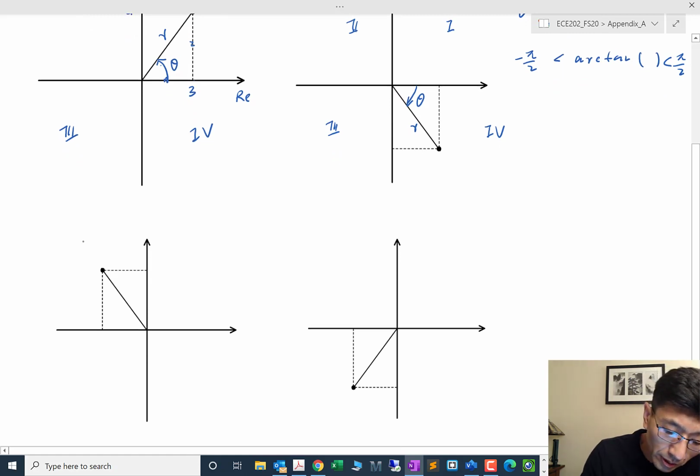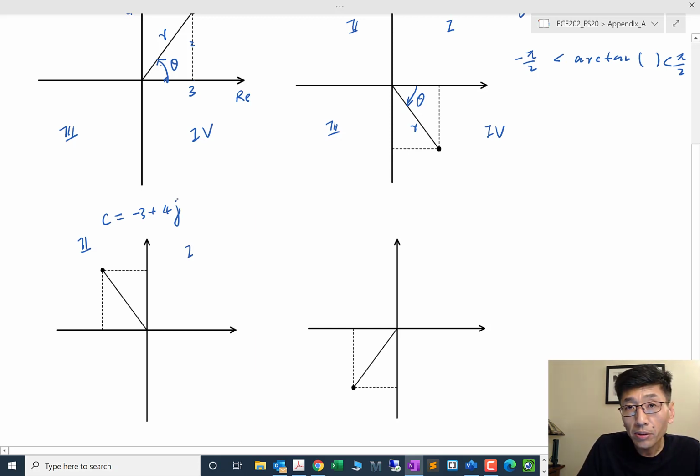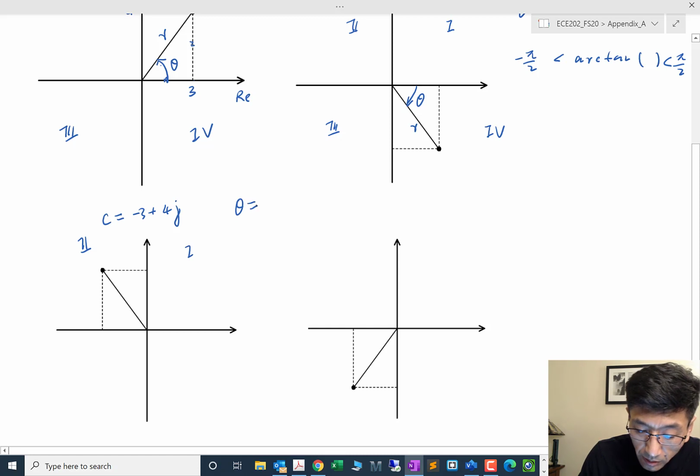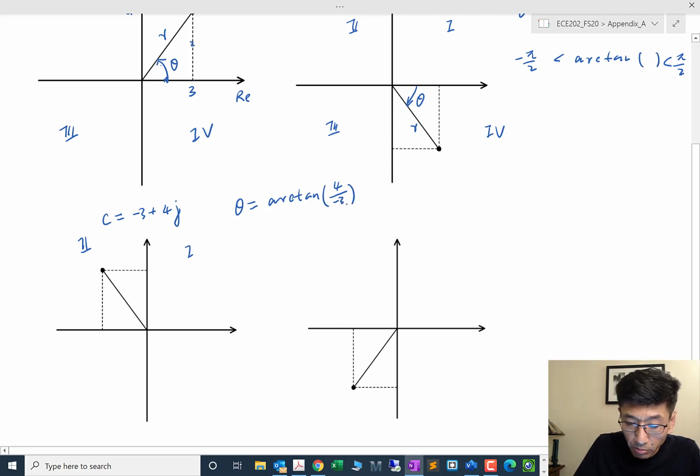Let's say this one is in the second quadrant, right? So in this case, the number C is equal to -3 plus 4j. If you still use arctangent of the imaginary part over the real part, you will find this gives you what?